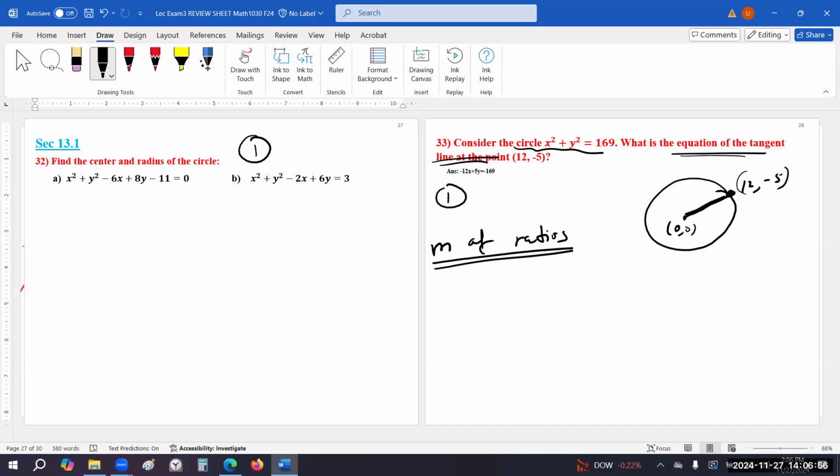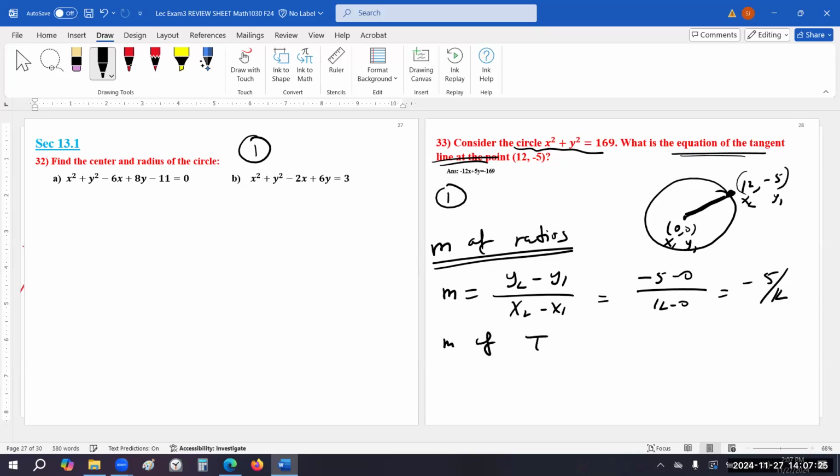You don't have to write all the details. Our slope is y2 minus y1 over x2 minus x1. Let's say this is x1, y1, this is x2, y2 for now. So we get negative 5 minus 0 over 12 minus 0. That gives us negative 5 over 12.